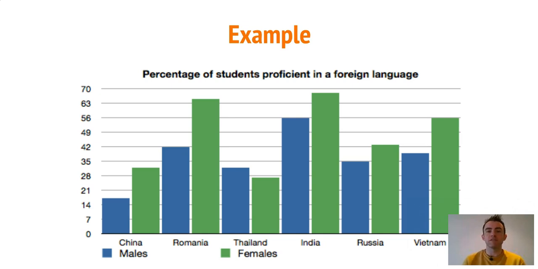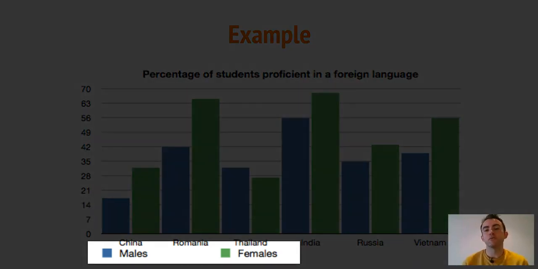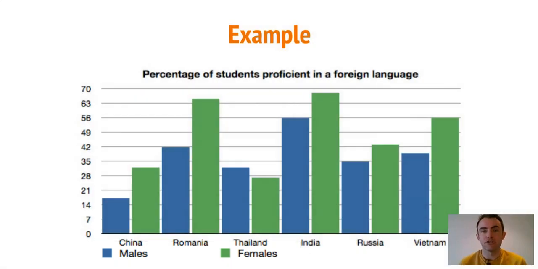Then we could talk about the categorization, so we can show the men and the women. So we could say males are indicated in blue and females are shown in green. There are a number of different countries, which are China, Romania, Thailand, India, Russia and Vietnam. You could say something like there are 6 different countries.